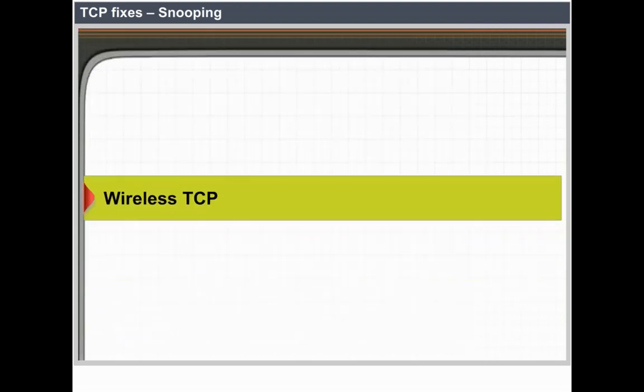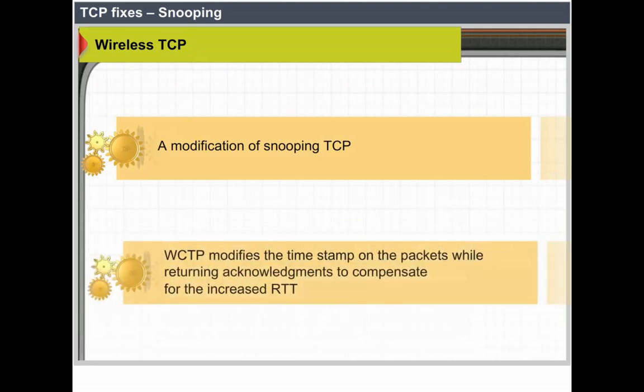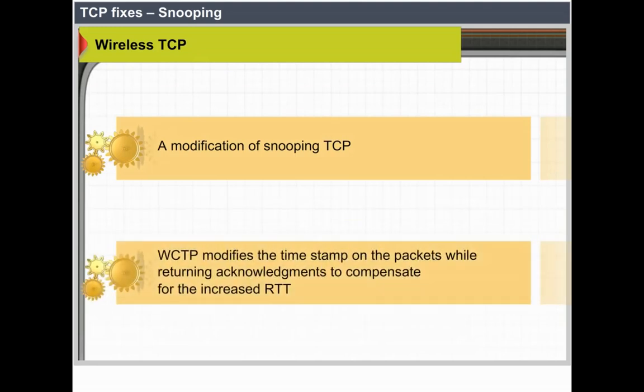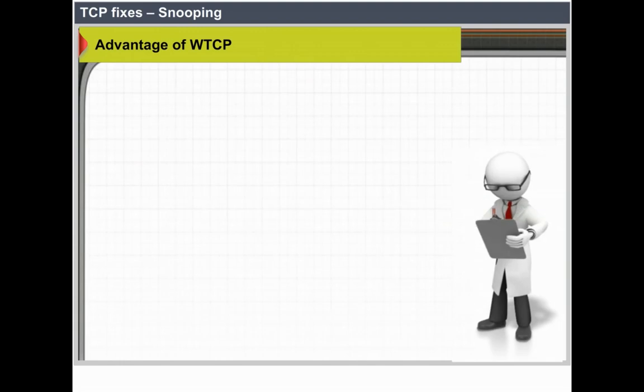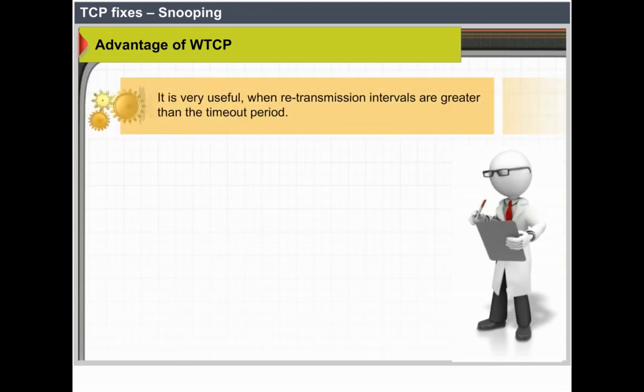Wireless TCP, a modification of snooping TCP. WTCP modifies the timestamp on the packets while returning acknowledgements to compensate for the increased RTT. Advantage of WTCP: modifying timeout periods by enhancing timestamp time, compensating for the increased RTT between the agent at the base and the mobile node.